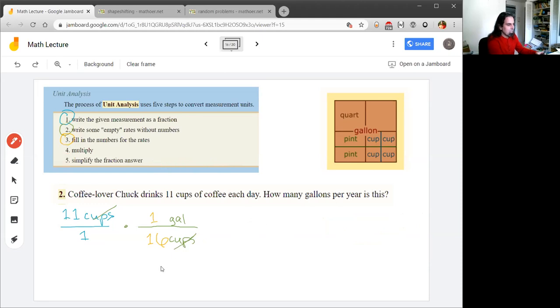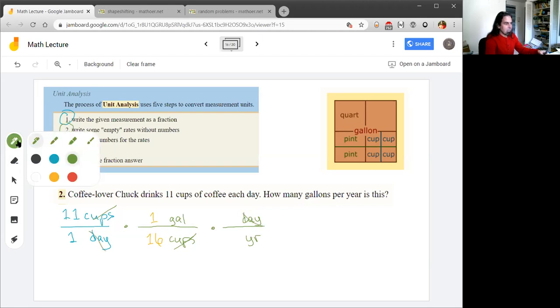I'm answering the wrong question. I was doing how many cups. This is 11 cups per 1 day. So we also need to get rid of the day. So this day is on the bottom. I need 1 on top, so they'll cancel. And then 365 days in a year.